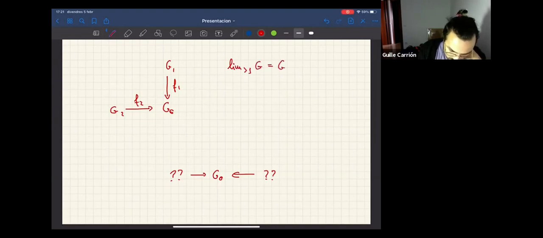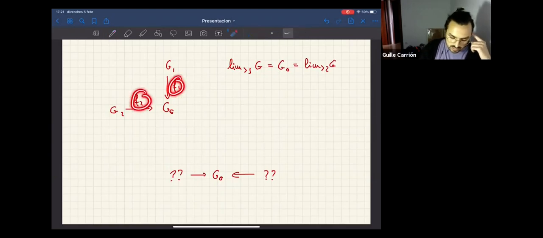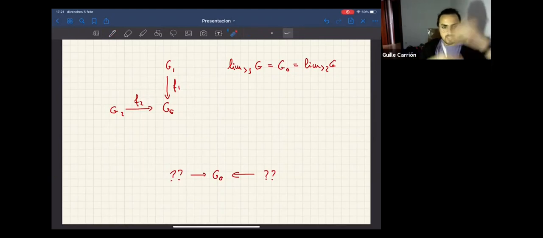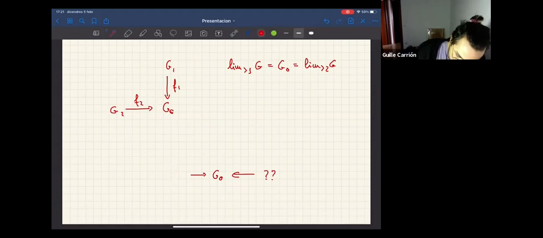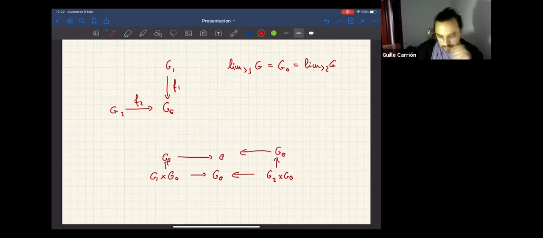If these maps aren't surjective, we have to make the replacement, and there's not much space to truncate, so this should be the mapping cylinder. So here we put G0 times G1, and here G0, and similarly here G2 times G0, G0, and 0, 0.